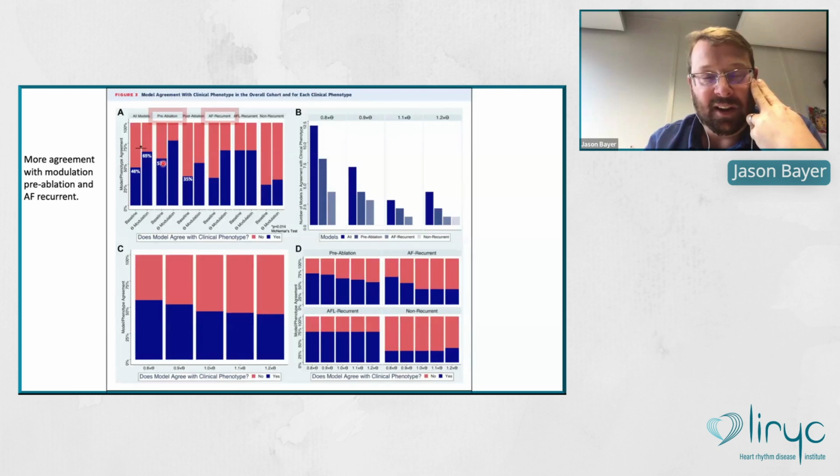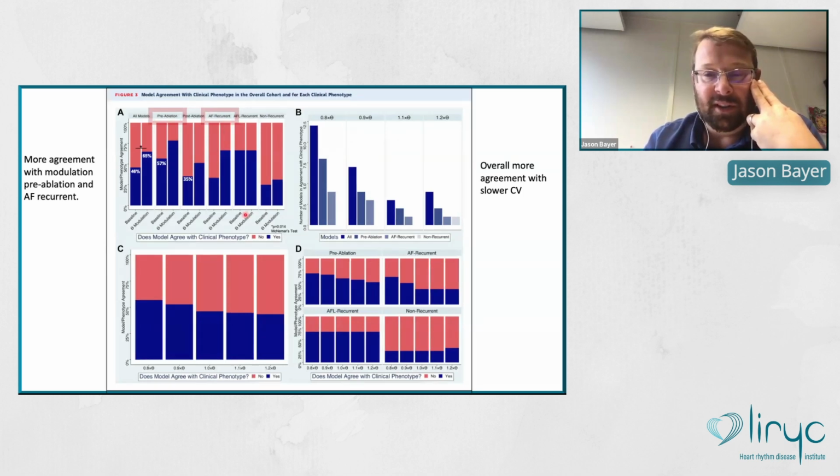There seems to be a significant increase in the ability of the models to agree with what the patient was having with the modulation. And post-ablation as well, but particularly for the AF reoccurrent, but not for the atrial flutter or when they had non-recurrent. There wasn't much of a difference with and without the CV modulation.